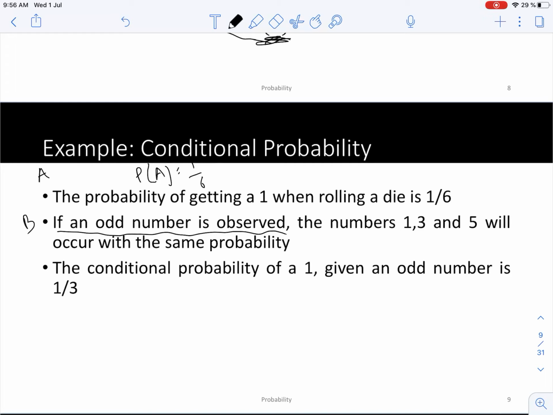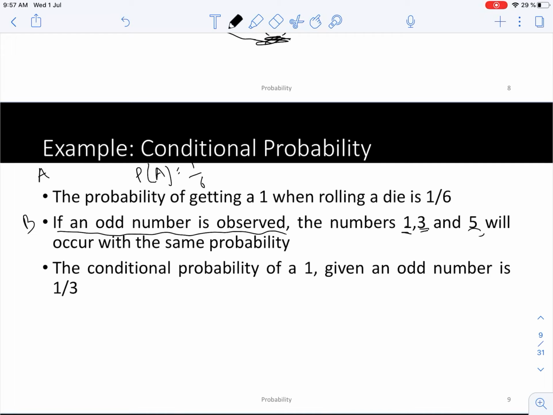So if you know that an odd number is observed, that means that the outcome can be either 1, 3, or 5, right? If you know that an event B has occurred, for example, that an odd number has occurred, that means that there are only 3 options and not the original 6 options. Why? Because you know that the outcome is an odd number. So it might be 1, 3, and 5. So we discard 2, 4, 6 because those are not odd numbers.